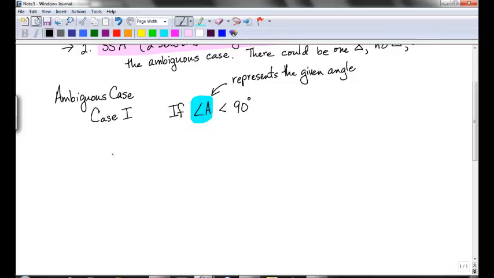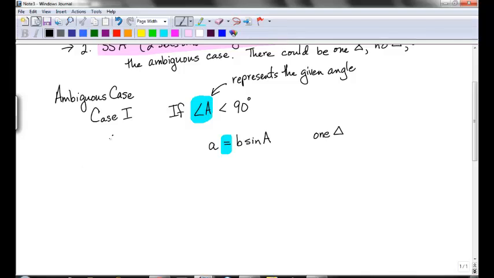Okay? And then what you have to test is you have to test A and B times the sine of angle A. And if it ends up that those 2 are equal, okay, if this ends up to be an equal sign, okay, then you end up with 1 triangle. 1 triangle, 1 solution. Okay?